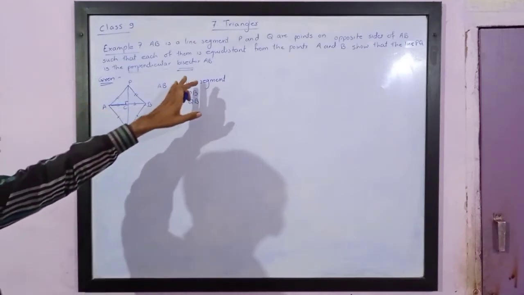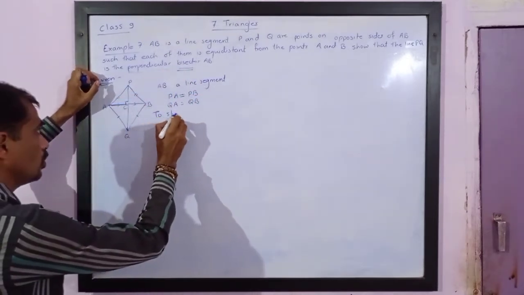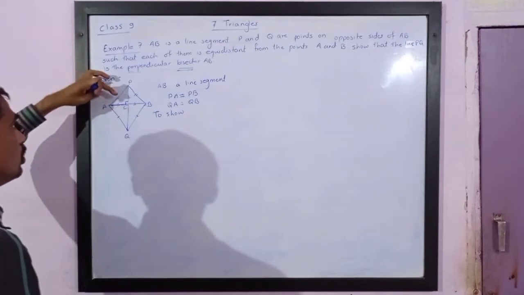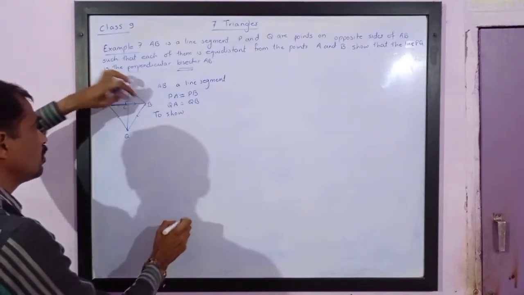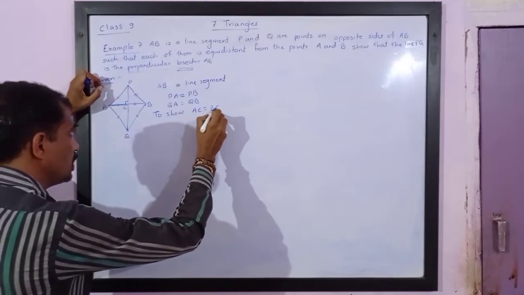And we are asked to show AC is equal to BC.